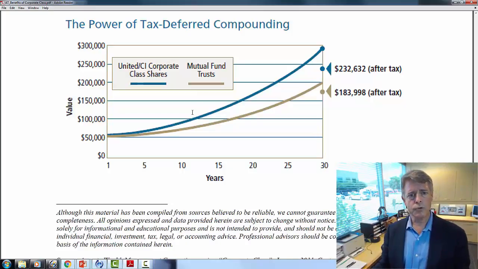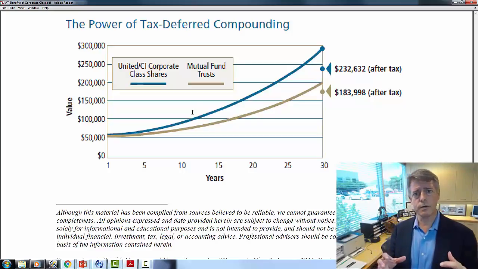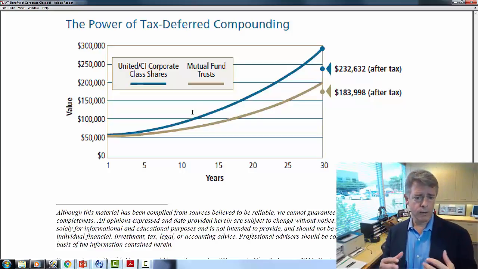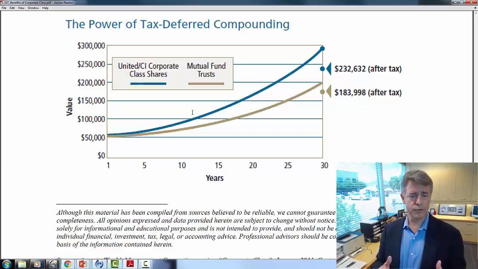So with a mutual fund trust, under the Income Tax Act, your mutual funds will pay out all distributions. A mutual fund trust is considered an intra vivos trust, and under the Income Tax Act, if the income is not paid from the trust, it's then taxed at the top marginal tax rate. So it's beneficial to investors to have the income paid out and then taxed at whatever their marginal tax rate is.